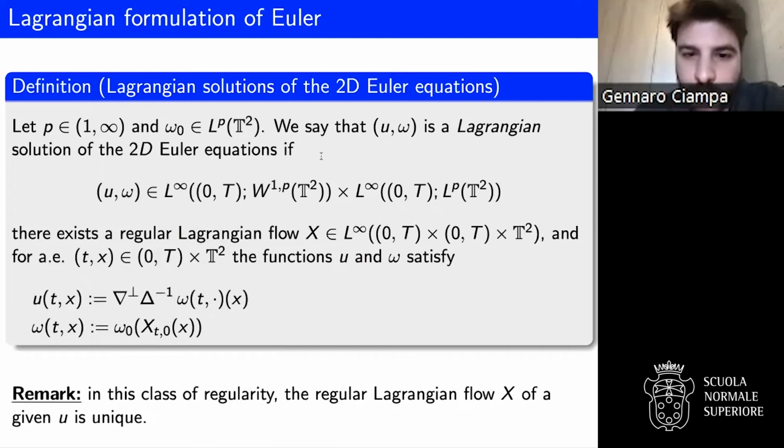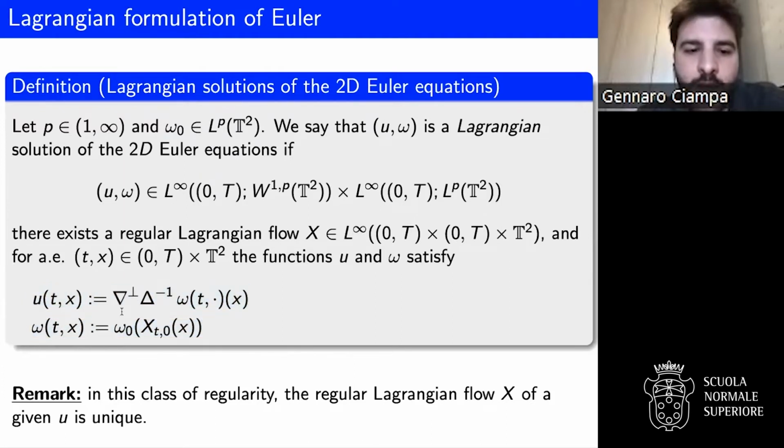With this definition in hand, we can define Lagrangian solutions of the 2D Euler equation in the following way. For a fixed initial vorticity in L^p, we say that a couple (u, omega) is a Lagrangian solution if we have this Lagrangian representation for u and omega.